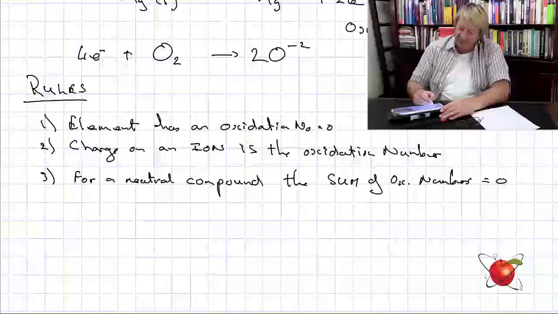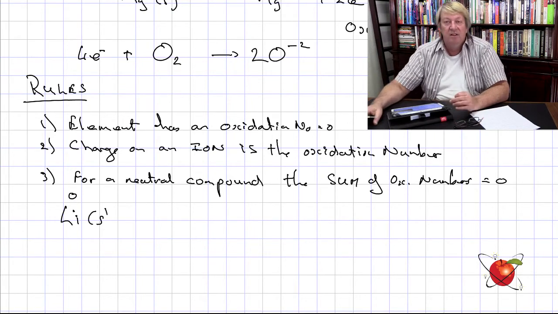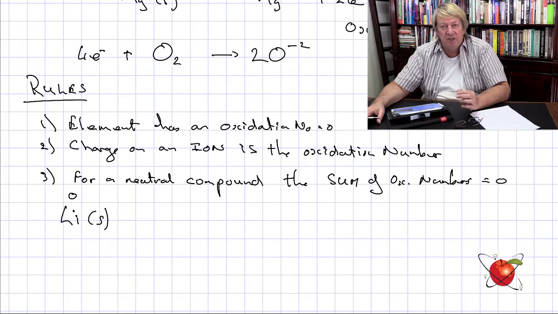Let's have a look at, for example, lithium. Lithium we would give an oxidation number of 0, because it is an element on the table.